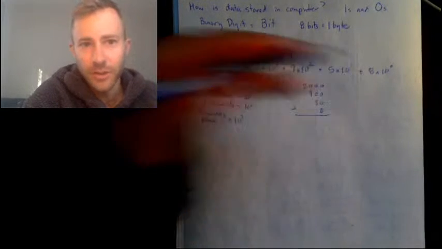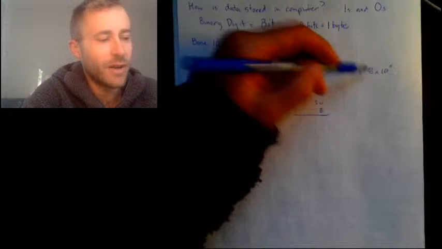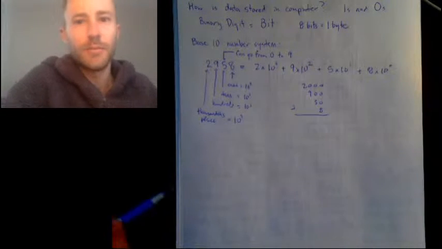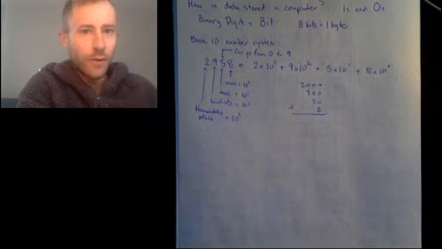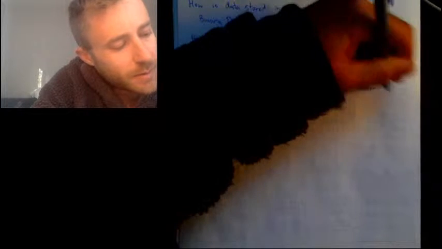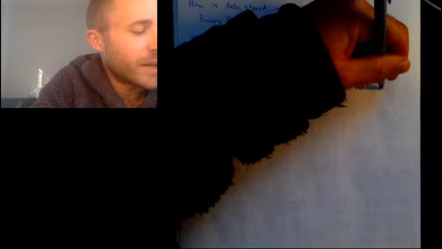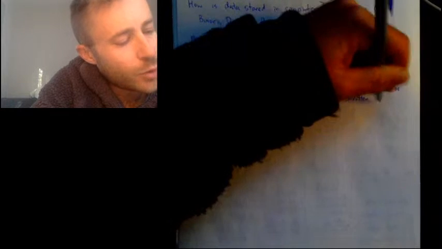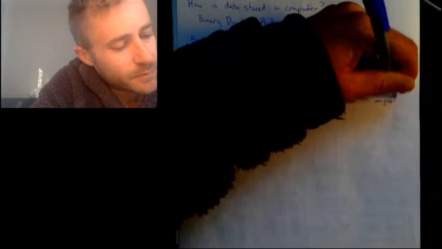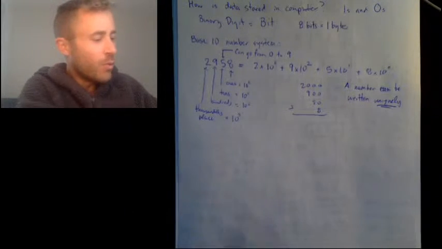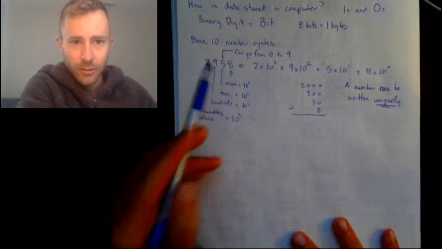If I allowed the digit to go up to 11, so if I had 11 times 10 to the 0, then I would have to carry over to the next column. So basically, when you follow these rules, a number can be written uniquely in this form.